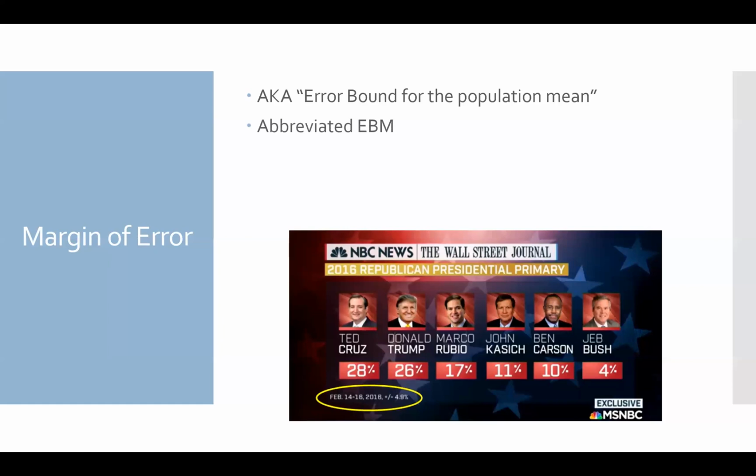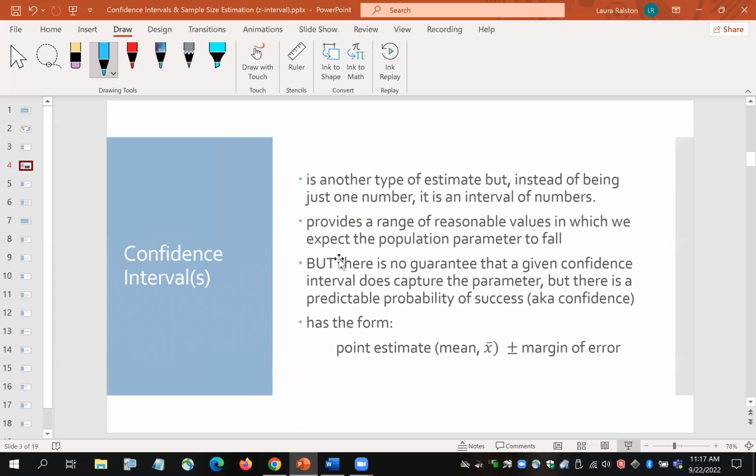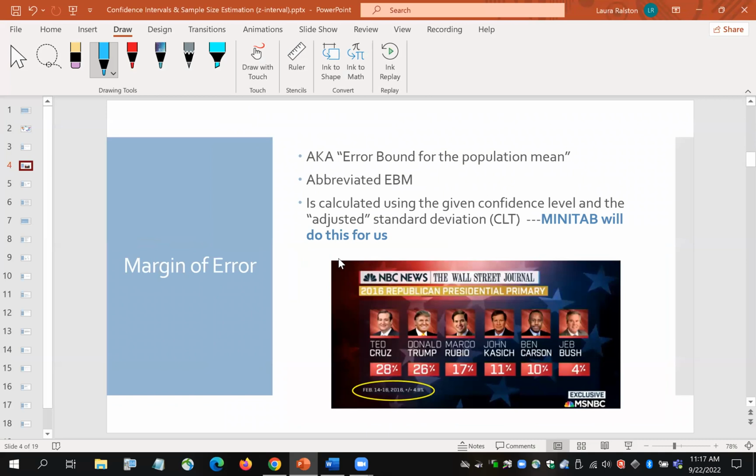We abbreviate it EBM, and I'll show you why: because it's error bound for the mean. So it's abbreviated EBM. And we calculate that margin of error based on the confidence level that we're going to use. How confident are we in our results?